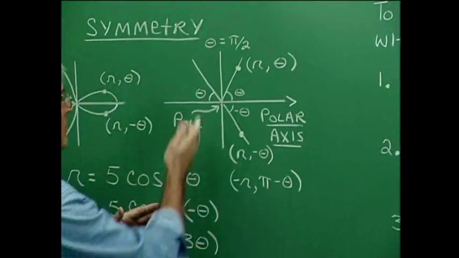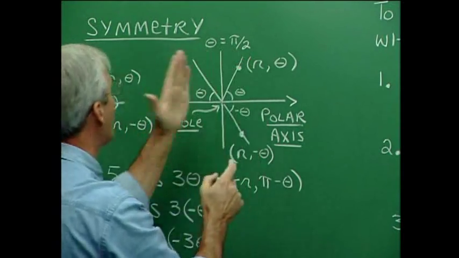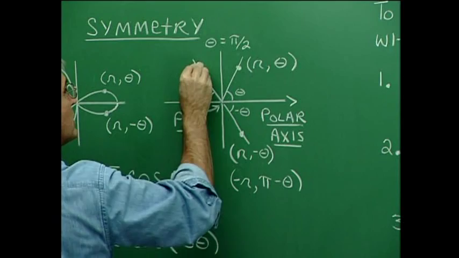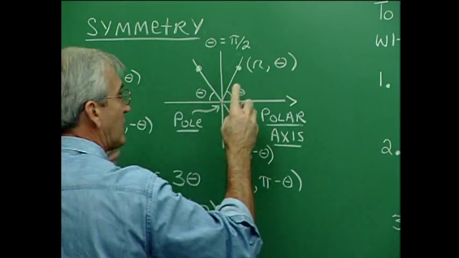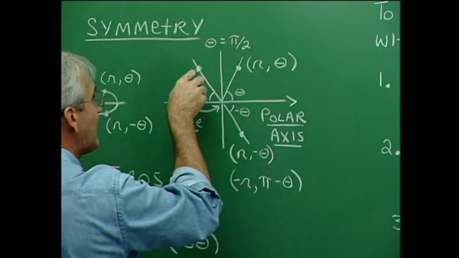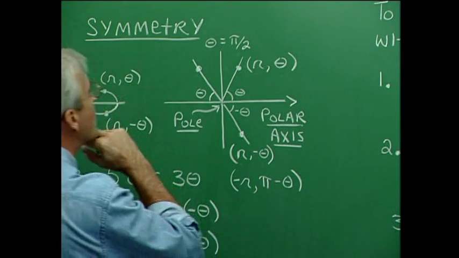Now, what about symmetry about the line theta equals pi over 2? We would have symmetry kind of like this. Now, let's look at that situation. If (r, theta) is on the graph, then we fold over this way, and that point needs to be on the graph. Well, how do we generate that point?